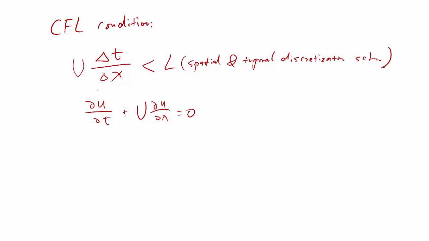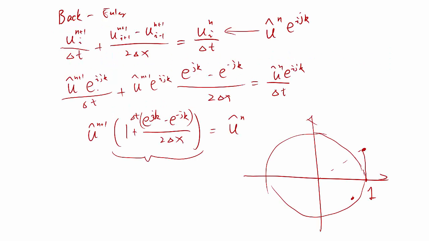So if you have a scheme that utilizes more than 2 sequential time steps, you also use the same von Neumann stability analysis, except you get a relation between u hat n plus 1, u hat n, and some other, for example, u hat n minus 1. So you get a relationship not between 2 consecutive time steps, but more time steps.